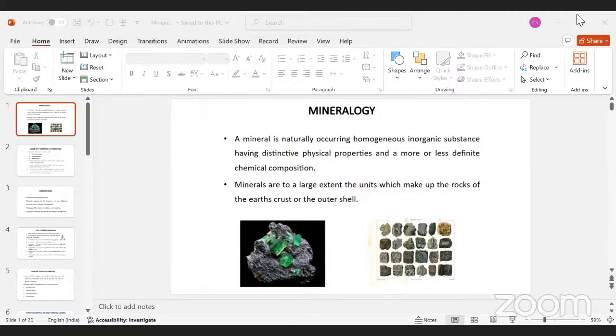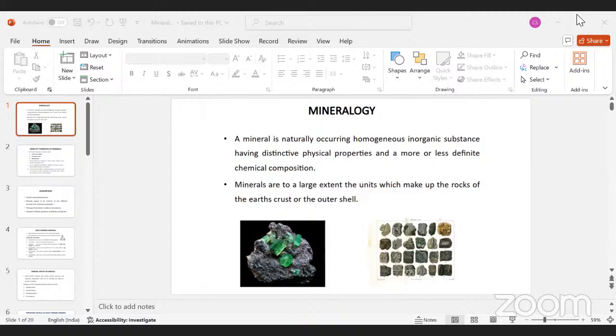These different types of rocks were formed based on the aggregation of different minerals, I mean a group of minerals or various types of minerals which lead to the formation of rocks.